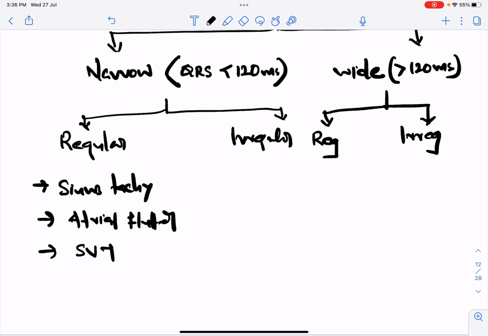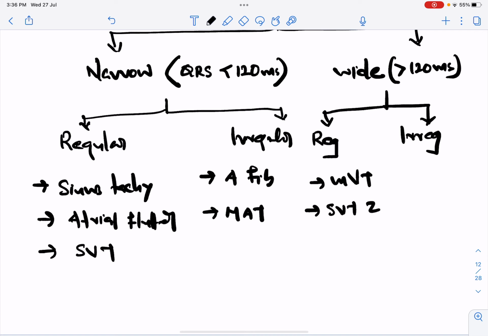For narrow irregular tachycardia, the examples are atrial fibrillation and multifocal atrial tachycardia. For wide regular, the examples are monomorphic VT and SVT with aberrancy. These are the two DDs of regular wide tachycardia: monomorphic VT and SVT with aberrancy. And the irregular wide tachycardia is polymorphic VT.